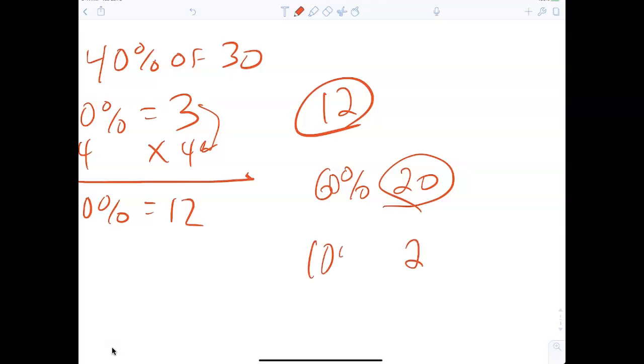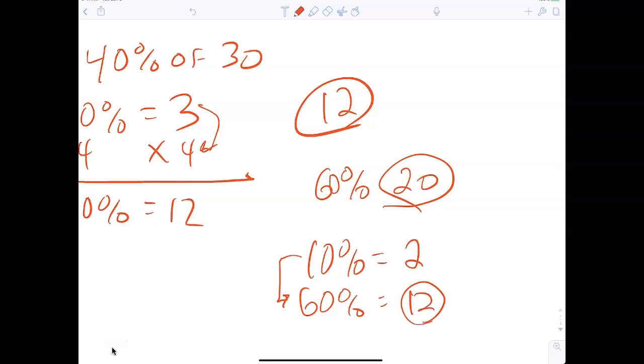So 10% equals 2. So what would 60% equal? What did I multiply 10 by? 6, you multiply by 6, right? 12. That's the answer.